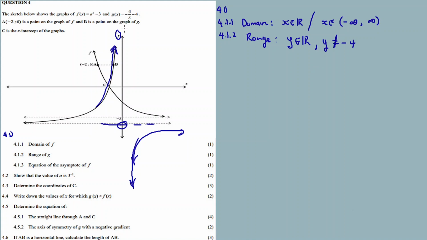It's all the y values except for negative 4, because negative 4 is the asymptote.